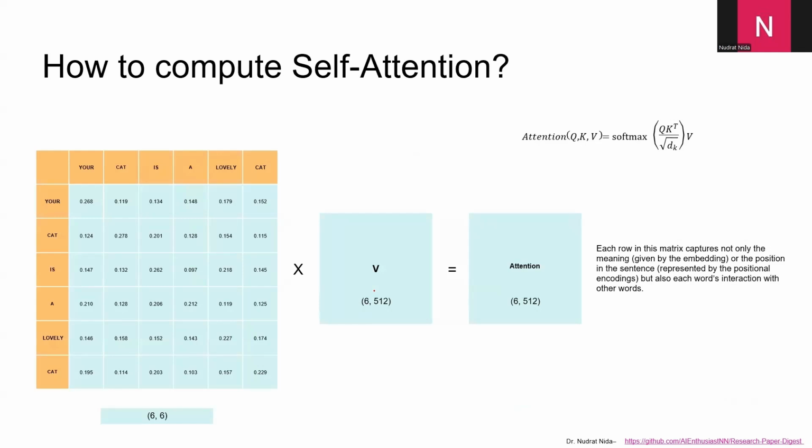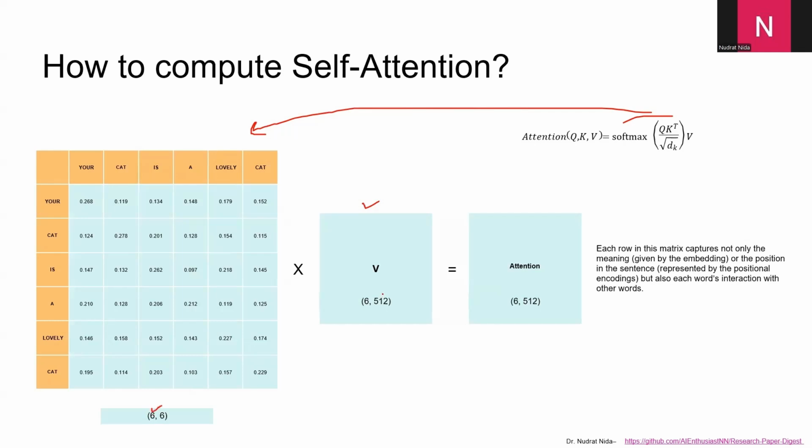So you see that in self-attention, we have the softmax matrix in which we have provided the attention and we multiply it with our value. When a matrix is multiplied with another matrix, only the outer dimensions are left.